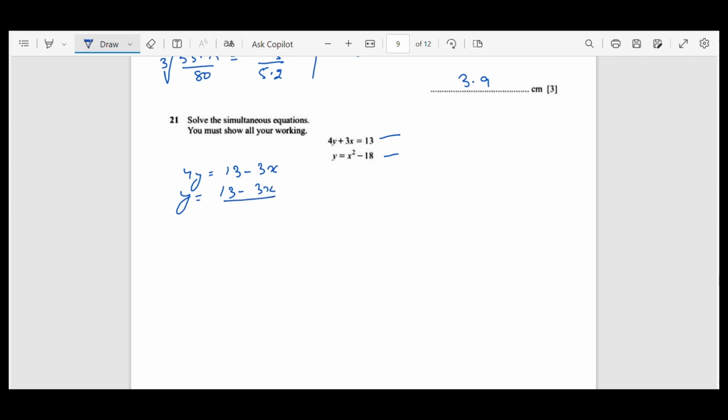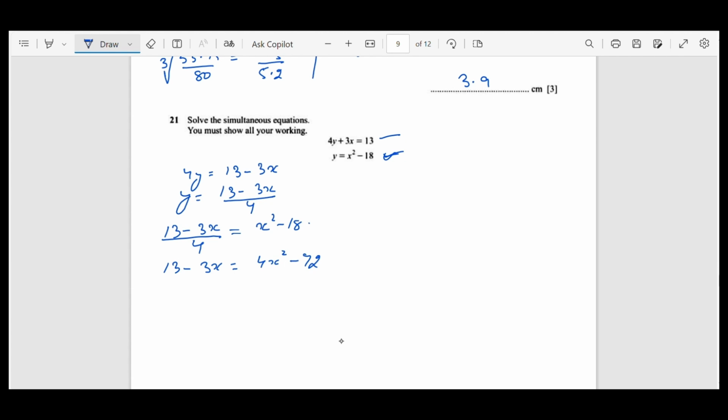We will substitute this value in the quadratic. So this is (13 minus 3x) by 4. This will be equal to x squared minus 18. So 13 minus 3x will be equal to 4x squared minus 18 into 4 is 72.